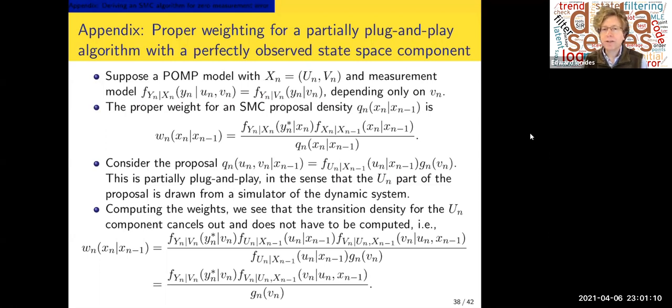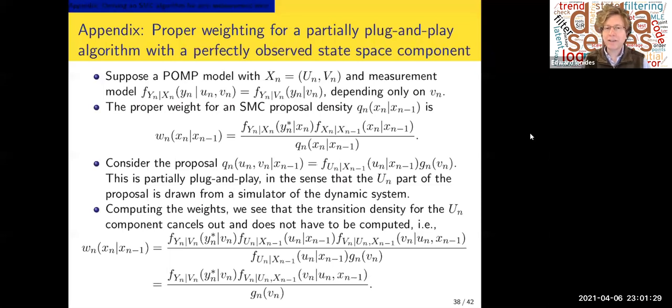And that's really nice. You can think of this as explaining where the plug and play property comes from, because f of x_n given x_{n-1} is something that we may not know. We may not be able to evaluate it. We can simulate from it.